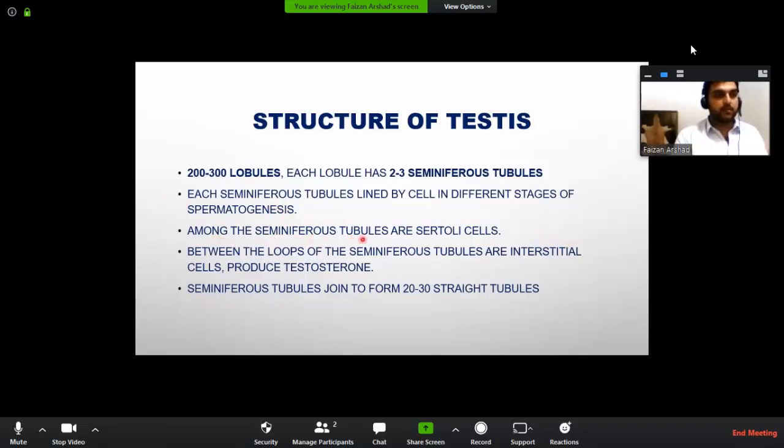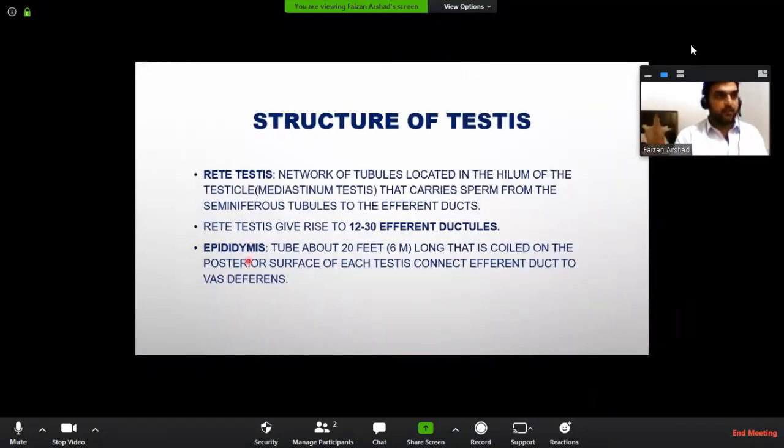Among the seminiferous tubules are Sertoli cells. Between the loops of the seminiferous tubules are interstitial cells that produce testosterone. Seminiferous tubules join to form 20 to 30 straight tubules. And the rete testis, a network of tubules located in the hilum of the testis, also called the mediastinum testis, carries sperms from the seminiferous tubules to the efferent ducts.